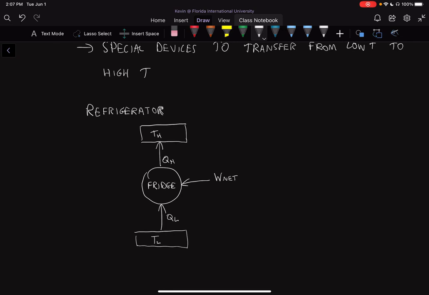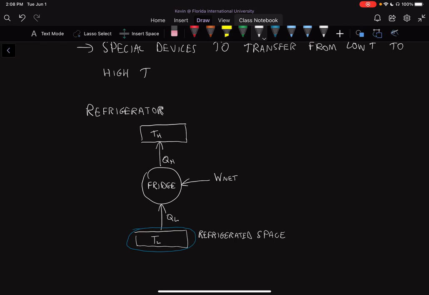And so what ends up happening is we're essentially cooling down this bottom part here, this temperature TL. So TL is actually our refrigerated space. The mechanism for the fridge works outside of the refrigerated space and allows us to take heat out of that refrigerated space, making it colder and keeping our temperature TL low.